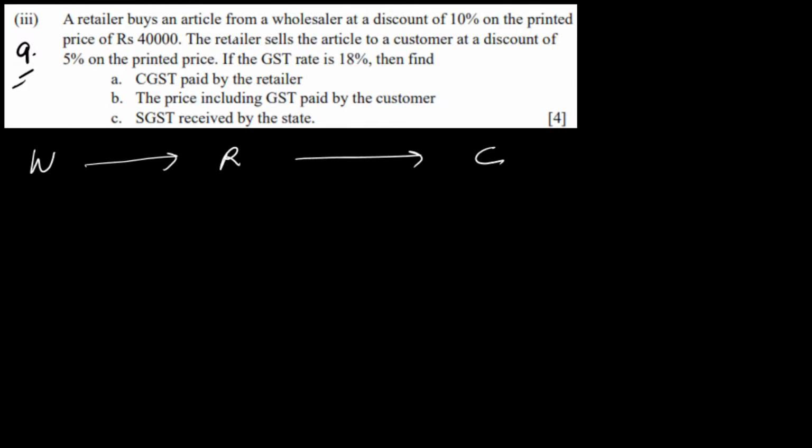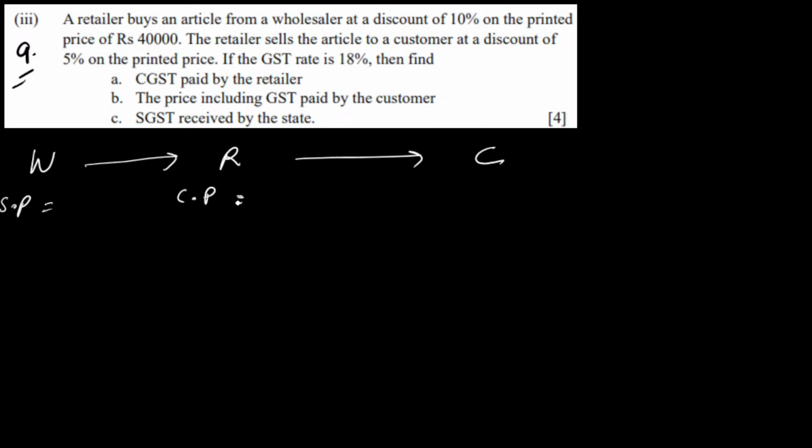So retailer buys an article from a wholesaler at a discount of 10% on the printed price. So MRP is given to us. This person's cost price and this person's selling price, same it will be. So if he bought at a discount of 10% on 40,000, what will be the cost price of this thing?